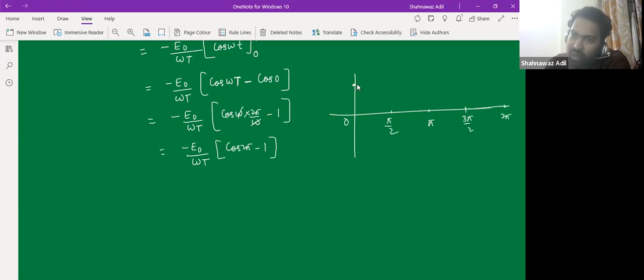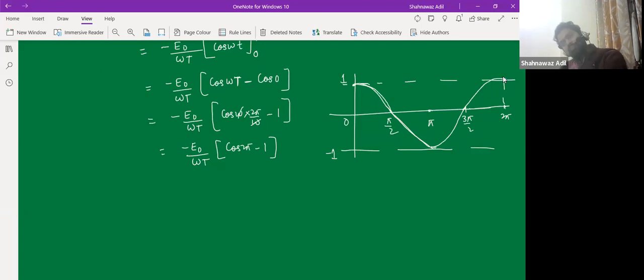So cos 0 is 1, at 90 it is 0, at pi it becomes minus 1, and at 270 it is again 0, and at 2 pi it is 1.